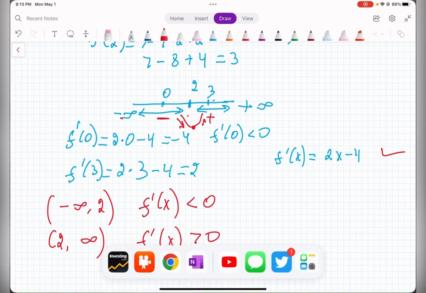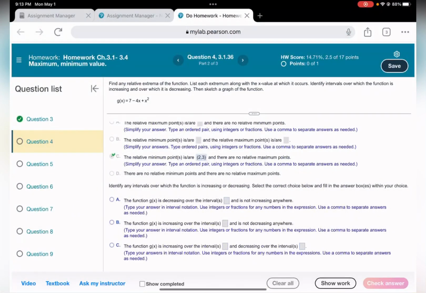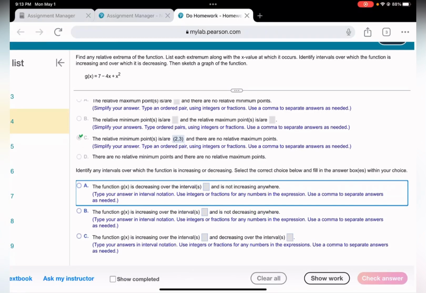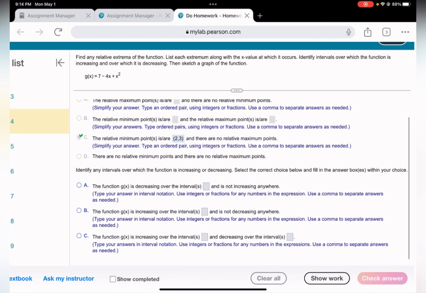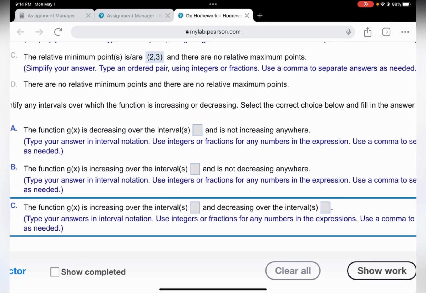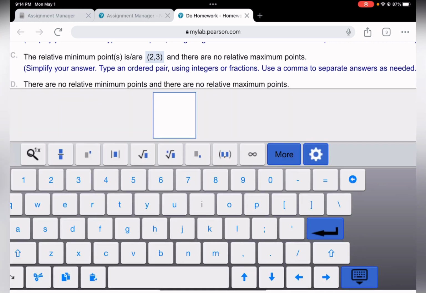So we need to choose the answer, which looks like C. The function is increasing over the interval 2 to infinity, right?